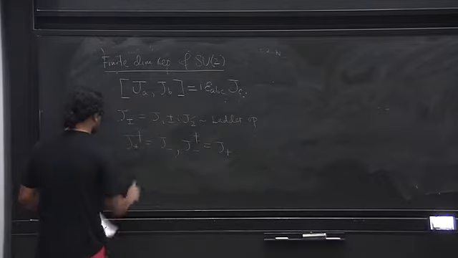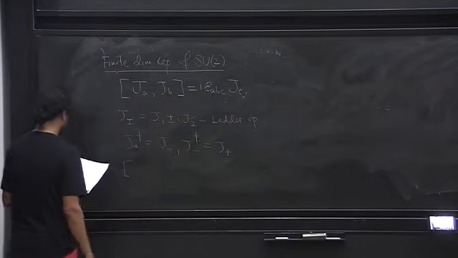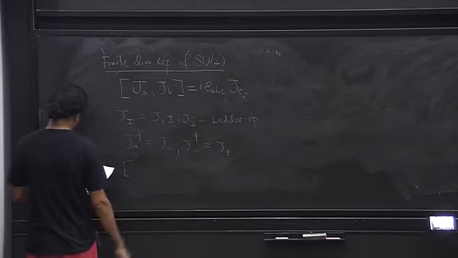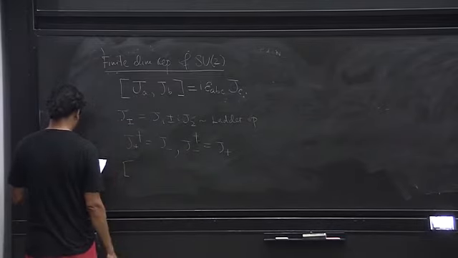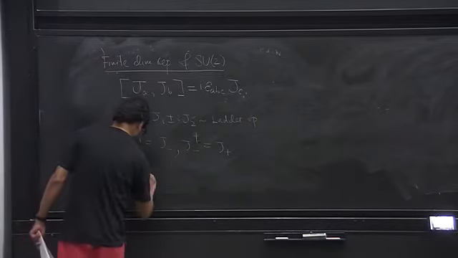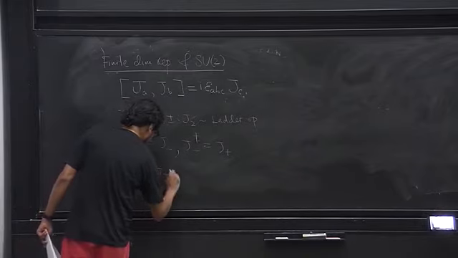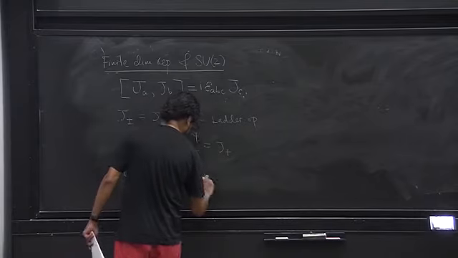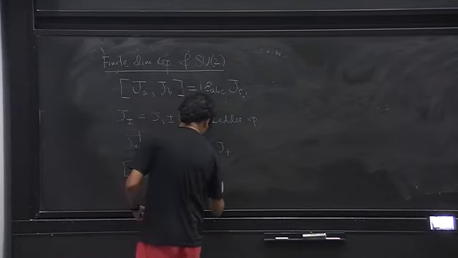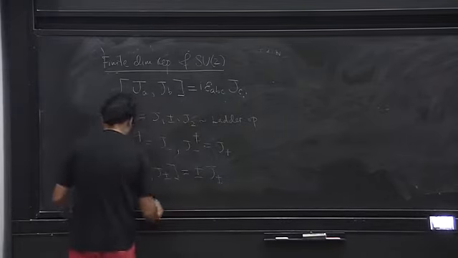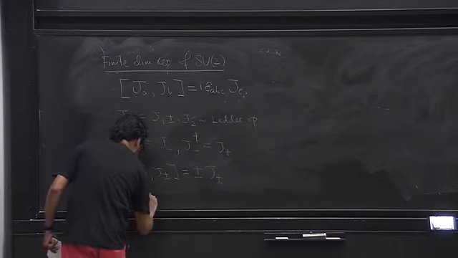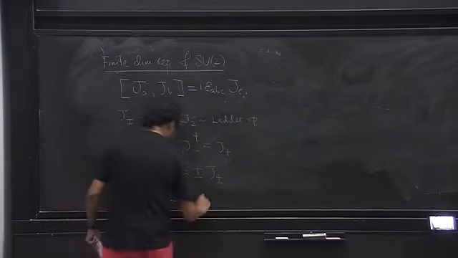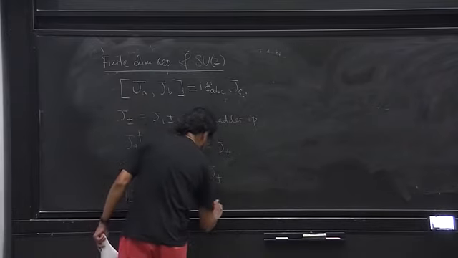In terms of the ladder operators, the Lie algebra of SU(2) or SO(3) becomes a part that looks like this, and a part that is the commutator of J plus and J minus, which is 2 J3.